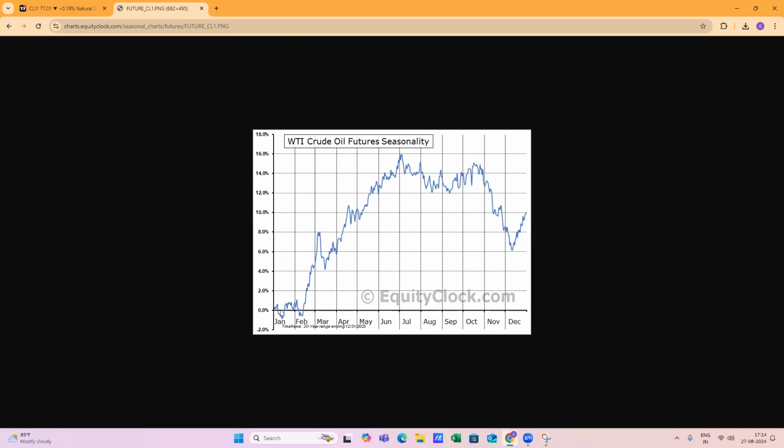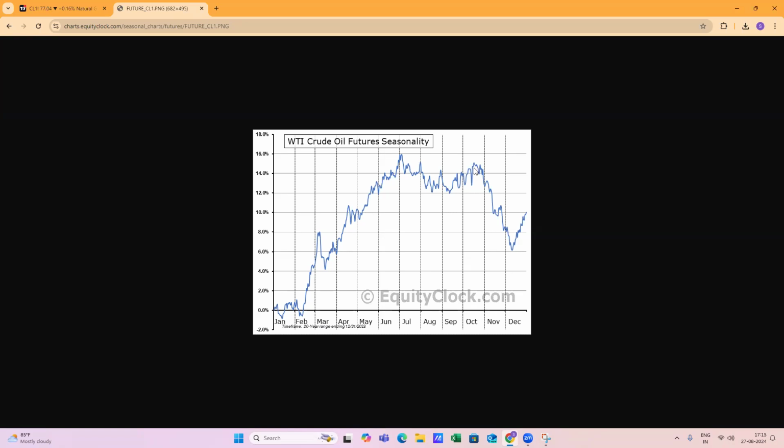What they have shown here is crude oil seasonality. See, crude oil prices start increasing from January, February, and when the peak driving season comes towards April, May, the prices increase due to peak demand, and post July they start dipping.